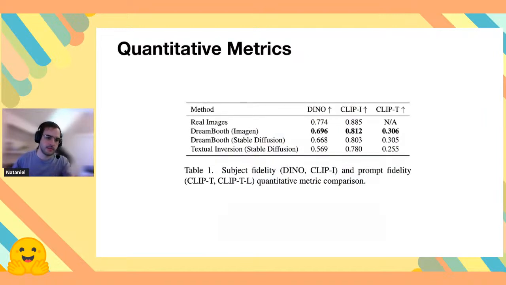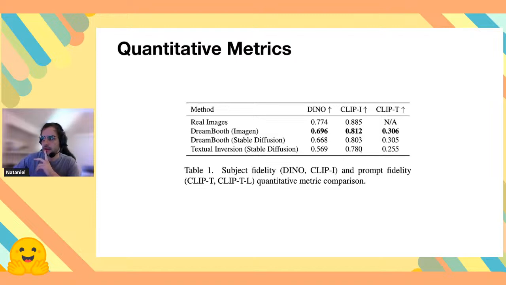In the new version, I'm going to go quickly through this, but you can check it on the arXiv version in a couple of days. We have some new metrics. We came up with this DINO metric, which is basically cosine similarity of DINO vectors for images that are generated and real. This helps for subject fidelity, seeing if the same subject is represented in different scenes.